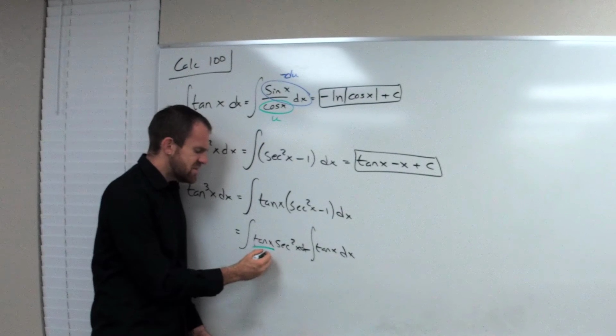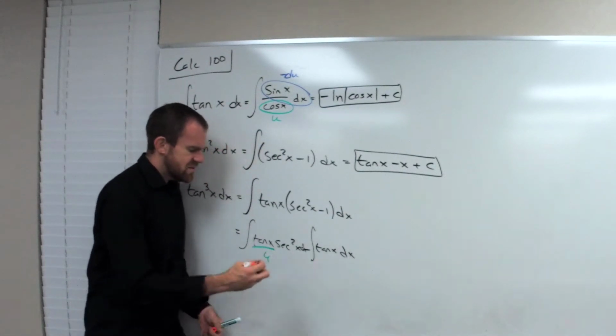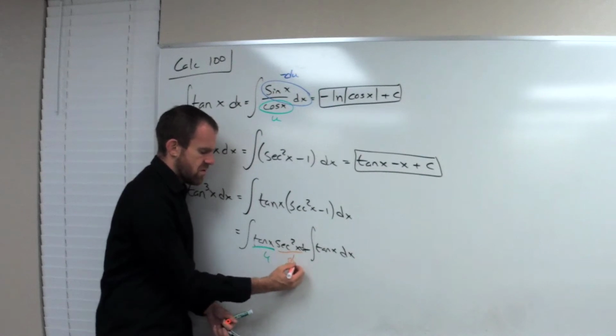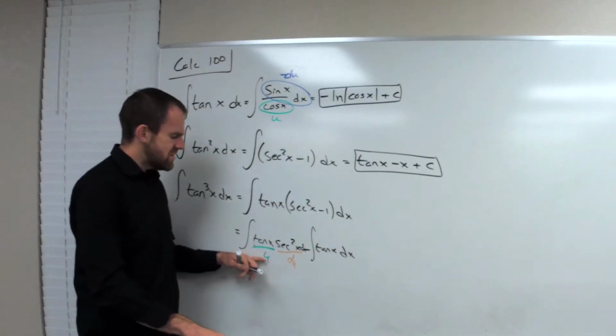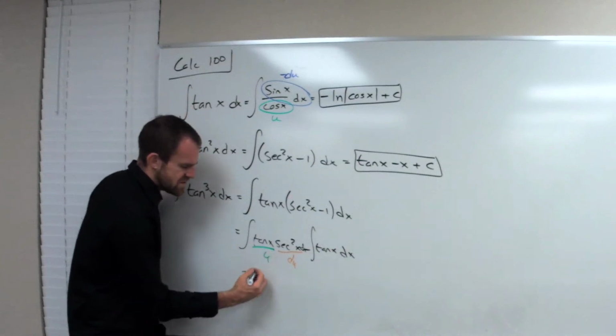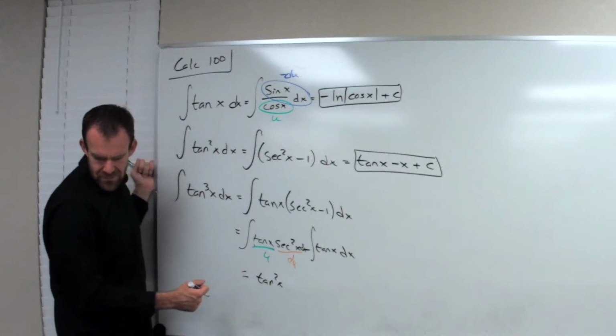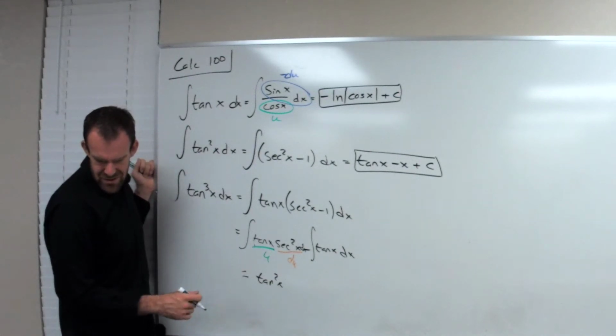But let's suppose this is u. The derivative of tangent is secant squared. So this is simply a power function. So the integral of tangent secant squared is tangent squared. And let's make sure I did that correctly.